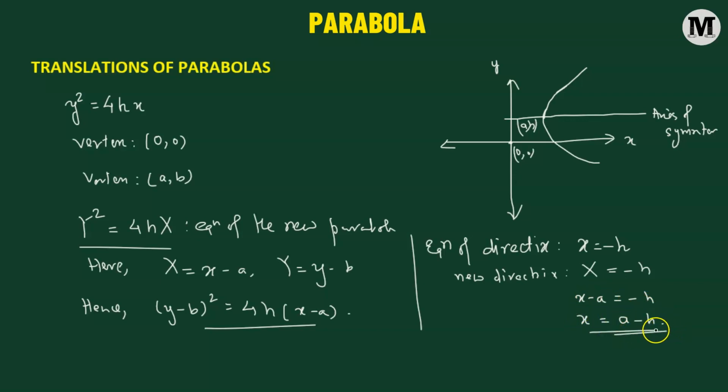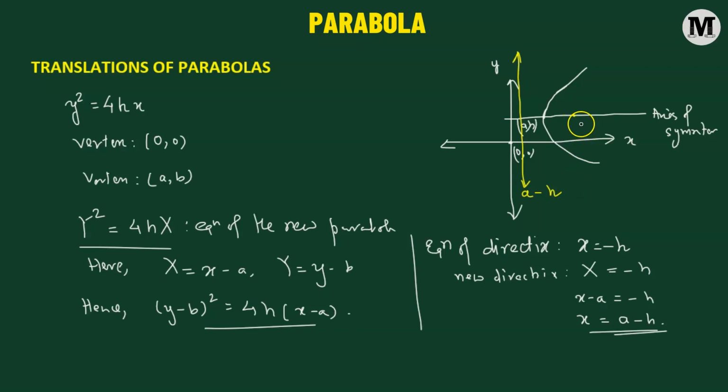That's going to be the equation of the new directrix. So let's say this is our new directrix. Roughly, because it will be shifted to the right-hand side, its equation will be a minus h. And we'll have the focus.